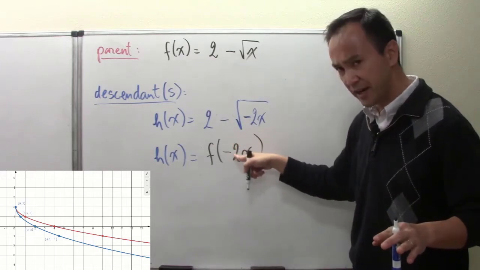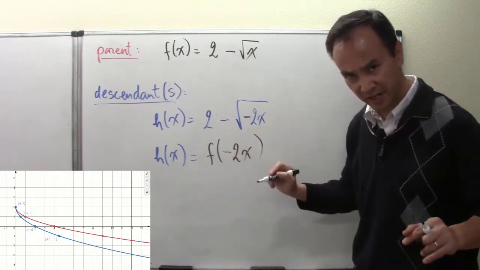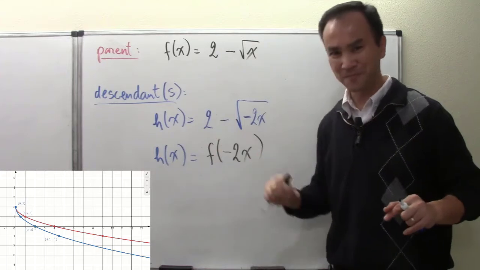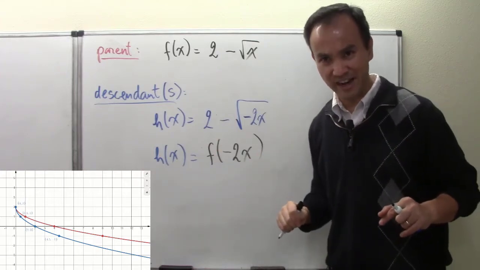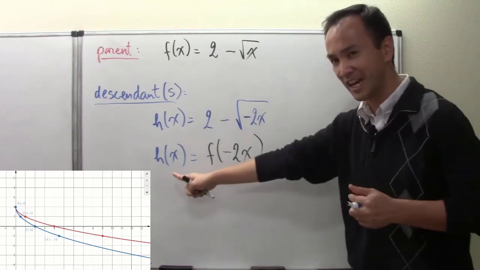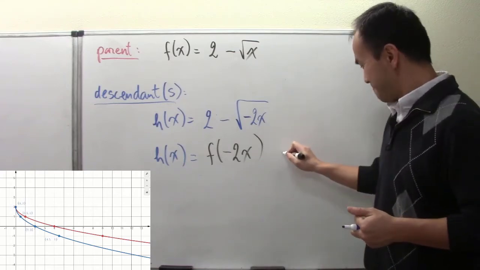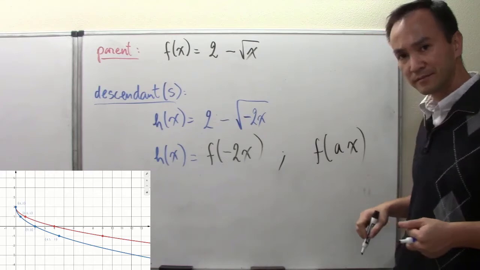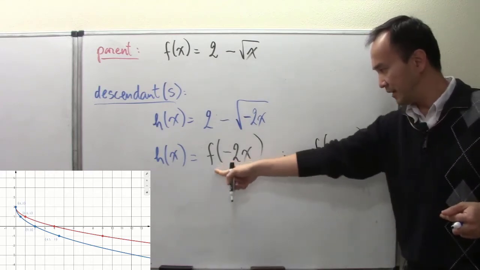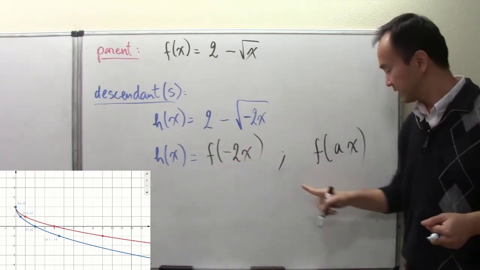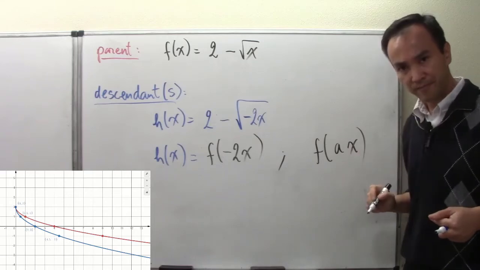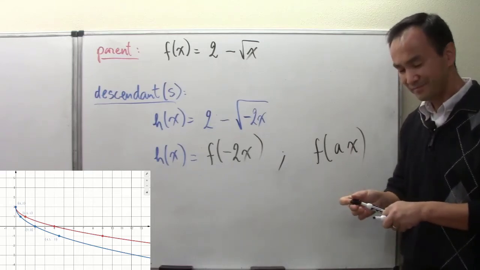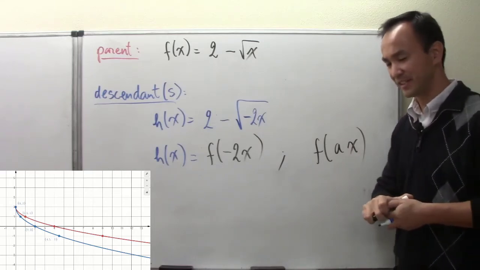It changed to a negative coefficient here compared to the earlier g descendant I mentioned. Here is the h descendant. Generally I see it's in the form of f of ax again. Let's now have a look at the graph.